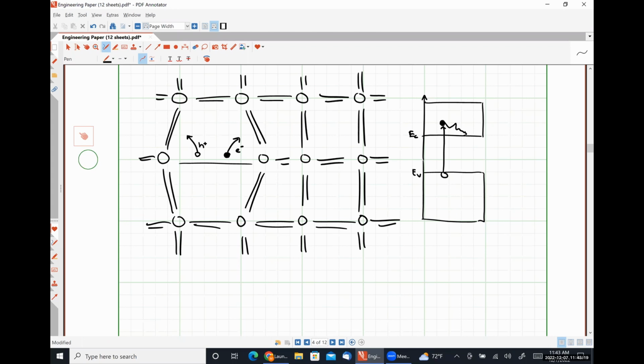As the temperature increases, the probability of covalent bonds breaking increases, which will yield more electrons and holes available for conduction. The rate at which recombination occurs is dependent on the number of electron hole pairs that are generated, which in turn also depends on the temperature.